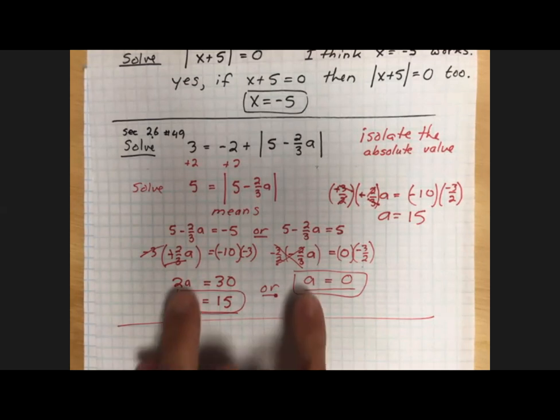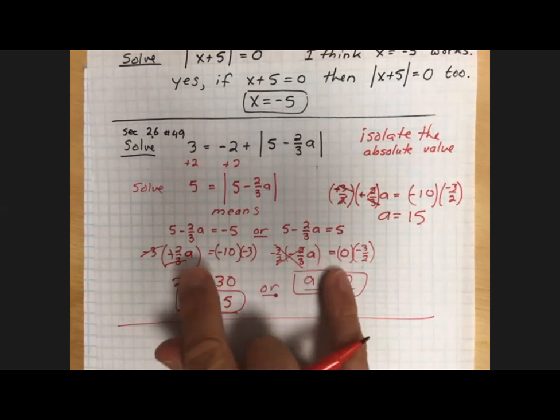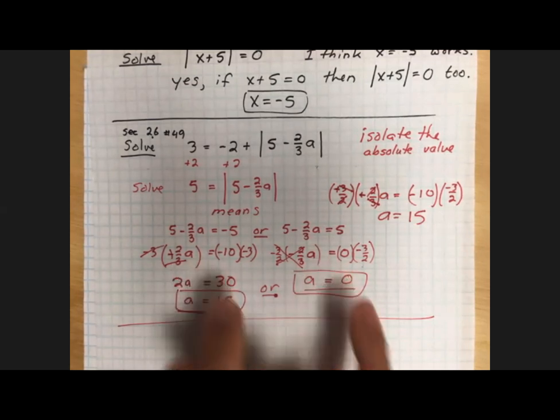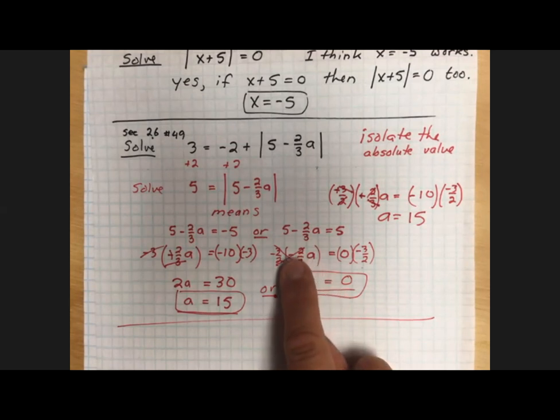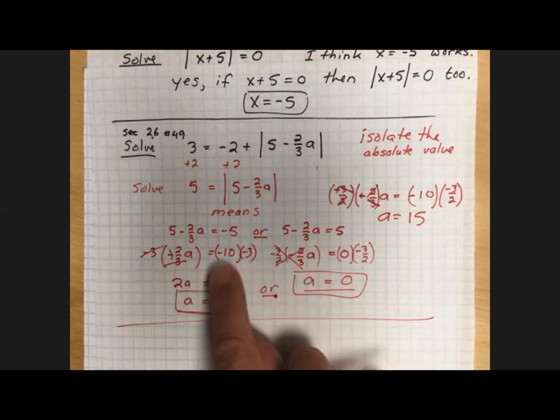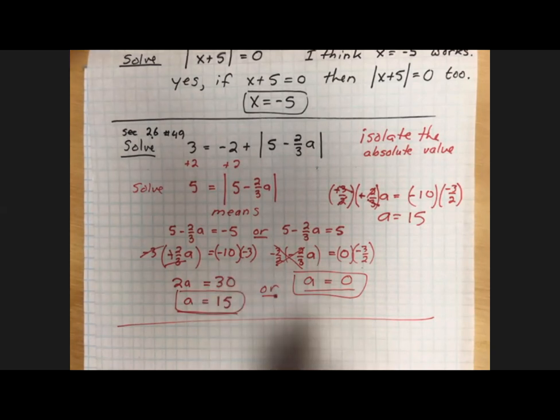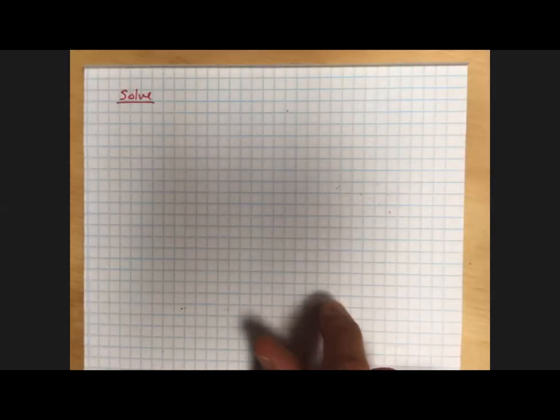But I was just showing you 2 different ways to get to the end there. That was a little shorter. If you don't like walking and chewing gum at the same time, then just do it in 2 steps or 3 steps. So just work in the algebra right there.